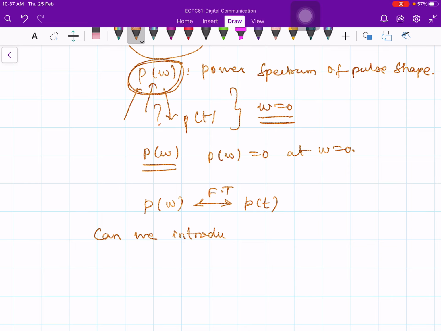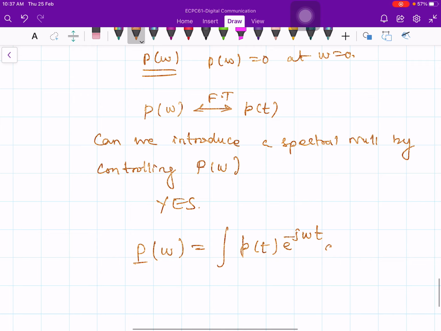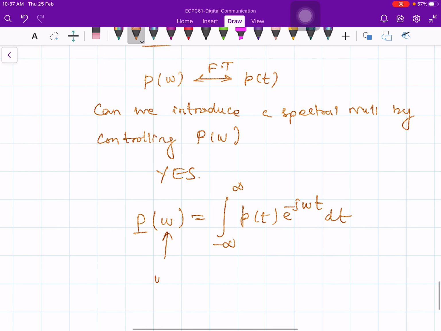P of omega is equal to the integral of P of t e to the power minus j omega t dt, with limits from minus infinity to plus infinity. Now, what are we asking? We are asking at omega is equal to 0. Substitute omega is equal to 0 in this expression. So P of 0 is equal to the integral of P of t, e to the 0, dt.